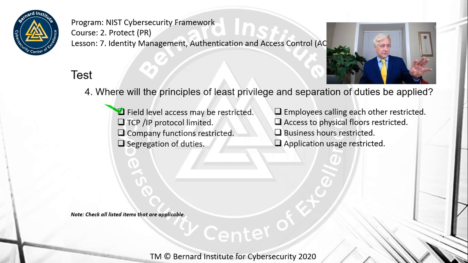So maybe some people are working on human resources, maybe some are working on payroll, maybe some are working on finance. There may be different accesses, so there's some kind of segregation of duties there. So field level access control or restriction is one way of limiting the visibility of the data, which can be helpful.